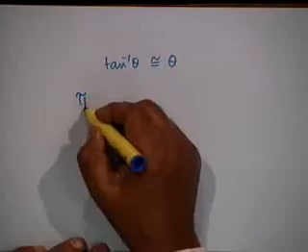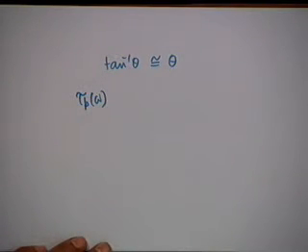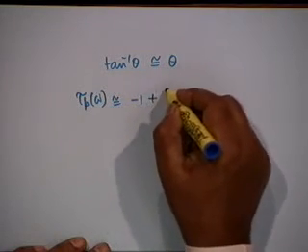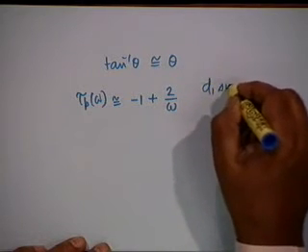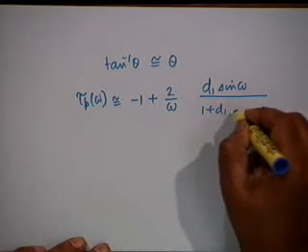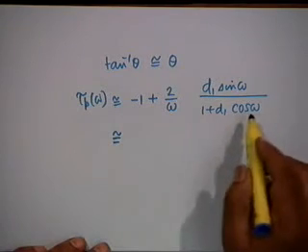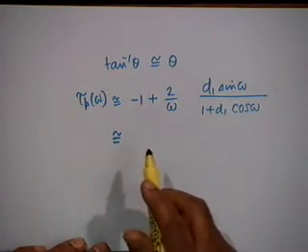Okay, therefore tau sub p of omega, obviously if I have to make it independent of omega, I must make this approximation, approximately equal to minus 1 plus 2 by omega. Instead of tan inverse, I write the function itself, d1 sin omega over 1 plus d1 cosine omega. And you see, when omega is small, sin omega is approximately omega.